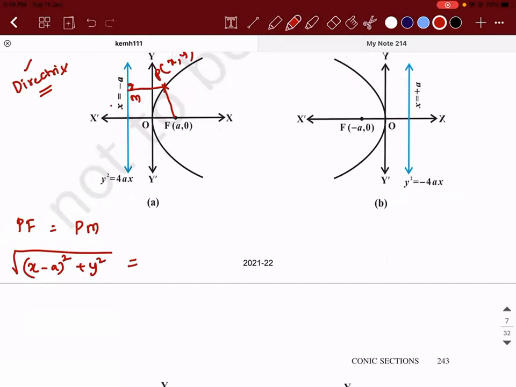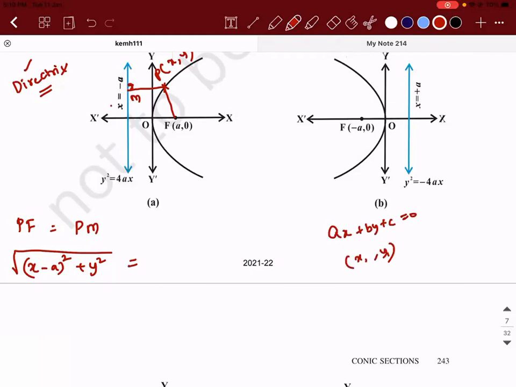What is PM? What is the distance between a point and a line? Let the equation of the line be ax plus by plus c is equal to 0 and the point be (x1, y1).